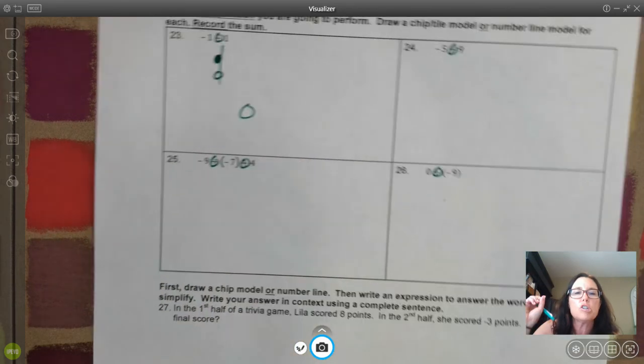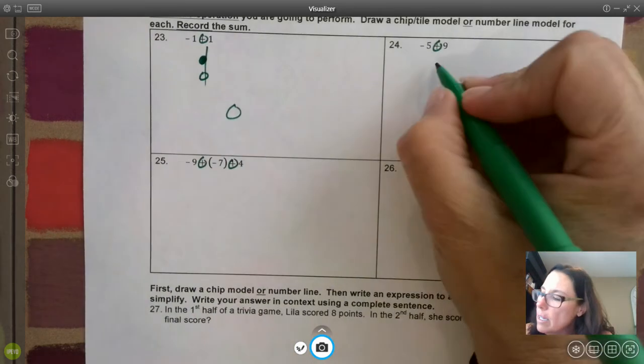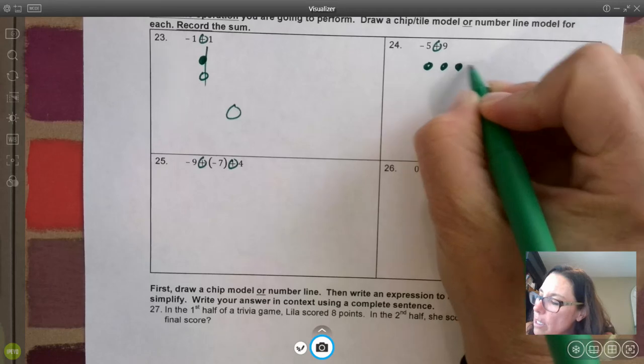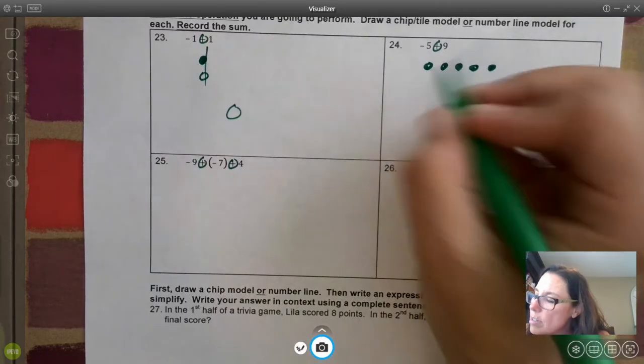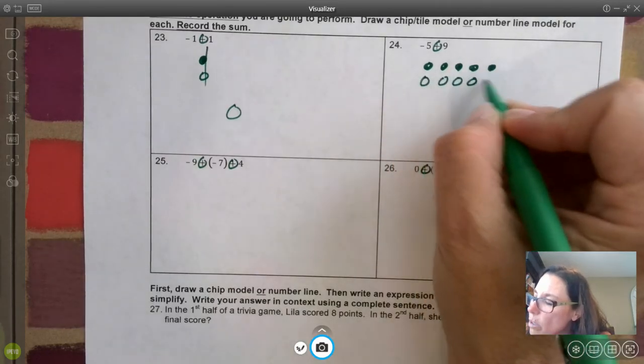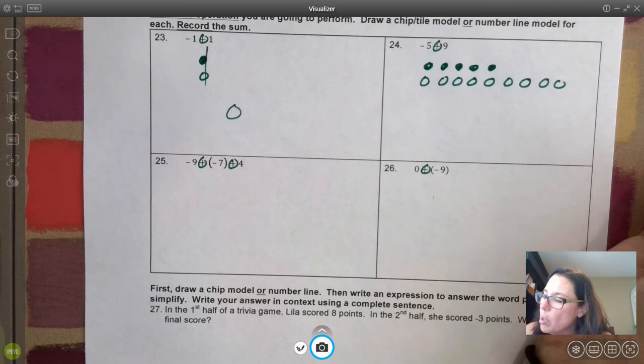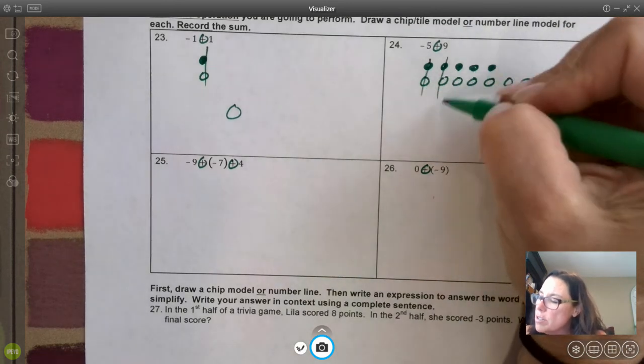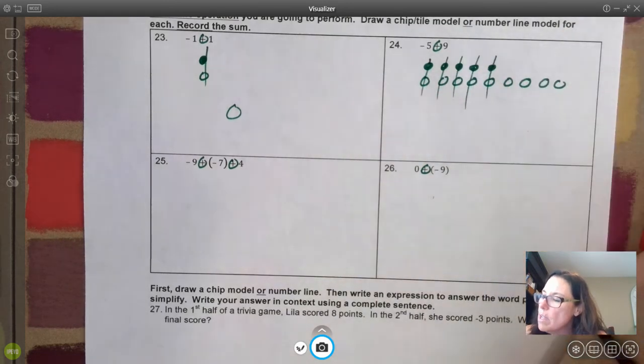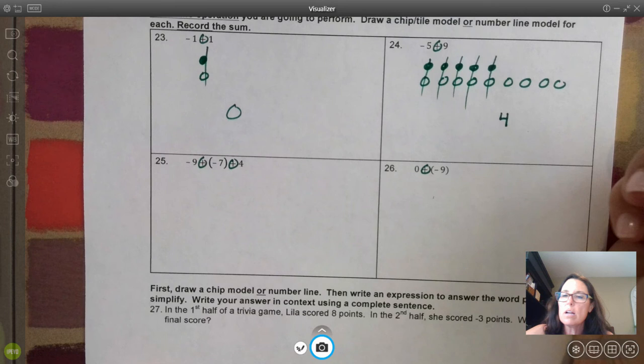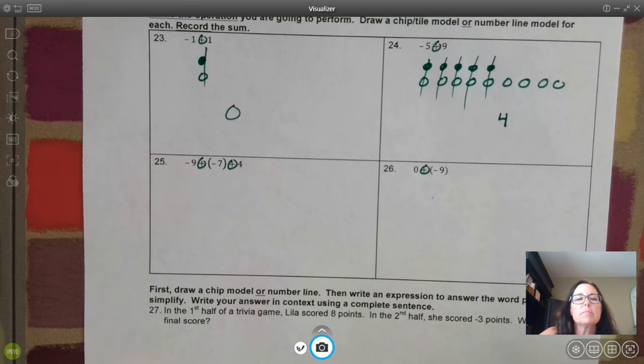I'm putting chips in. 1, 2, 3, 4, 5 negatives. 1, 2, 3, 4, 5, 6, 7, 8, 9 positives. Here are some 0 pairs. And I've got 4 positive tiles left over.